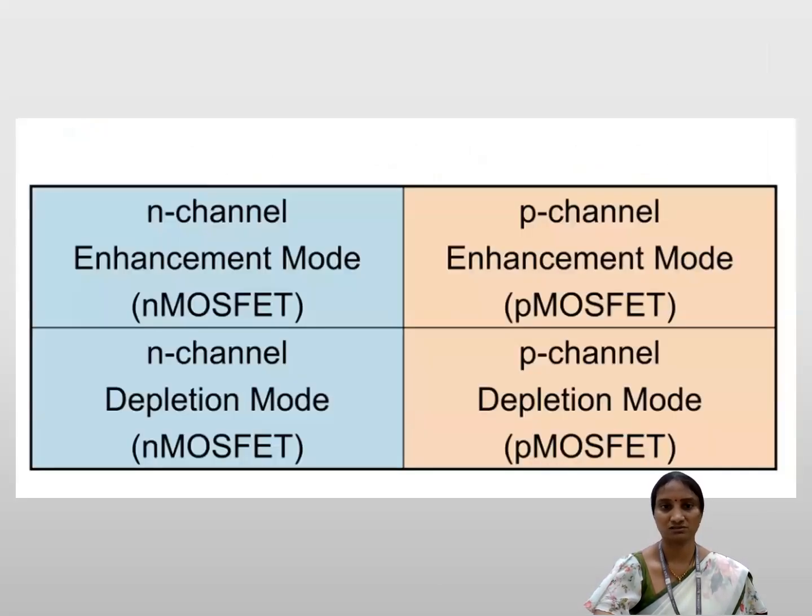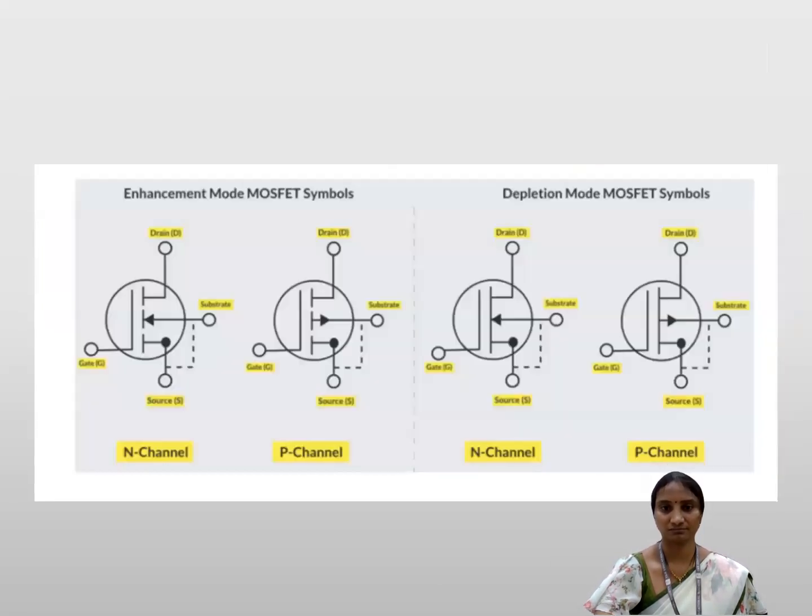So the operating modes of the MOSFET we'll be discussing one by one. These are the symbols of enhancement mode and depletion mode MOSFETs. The first one shows the symbol for N channel enhancement mode, then P channel enhancement mode. The right side symbols are depletion mode MOSFET symbols.